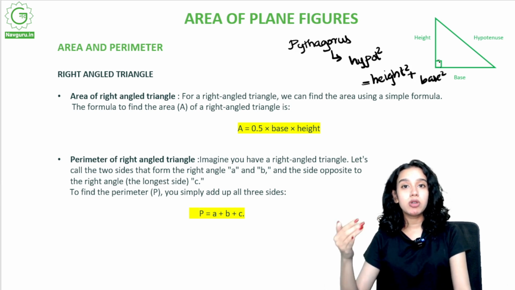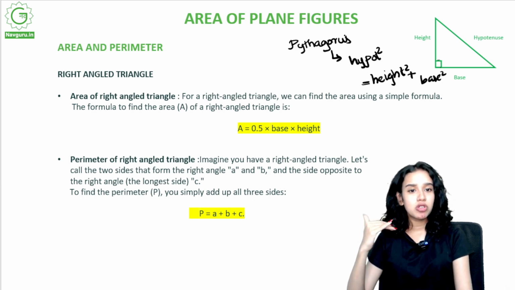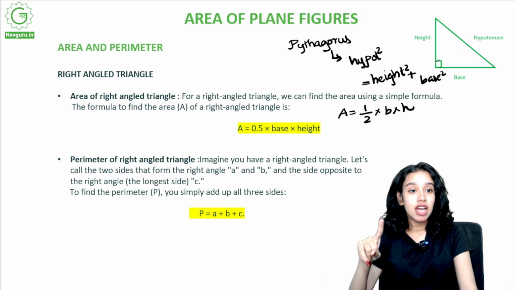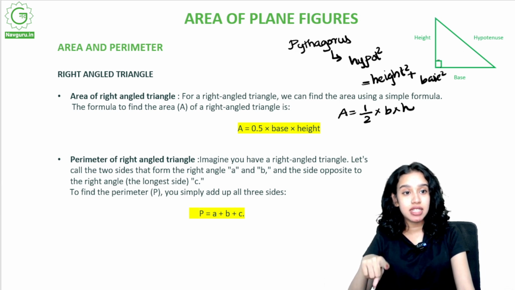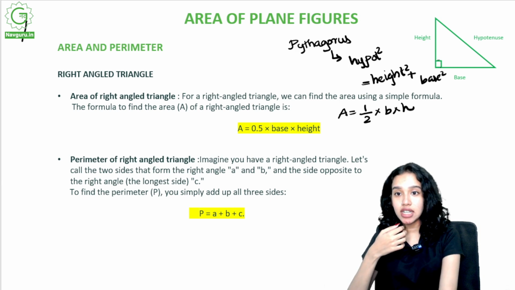Now, let's talk about the area of a right angle triangle. Area of a right angle triangle can also be said in the same way, which is area is equal to half into base into height. But what is the height here? Height would be the same as this line, right? In all other triangles, we had to find what the height is. But in the case of a right angle triangle, the highest point is actually in a straight line with here.